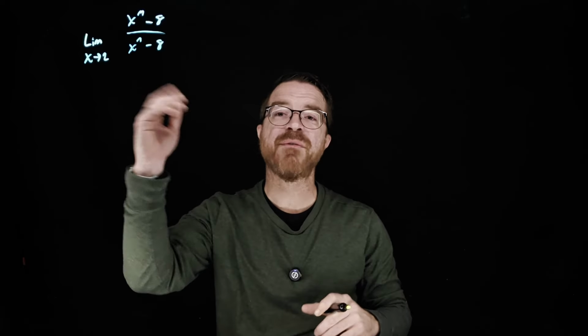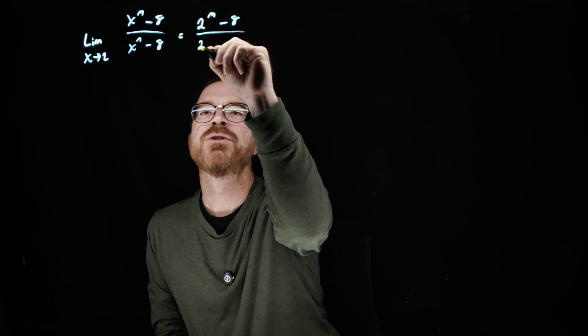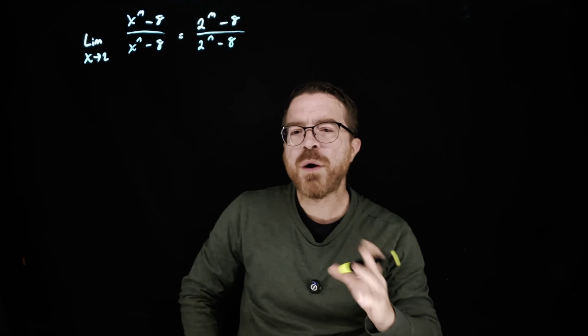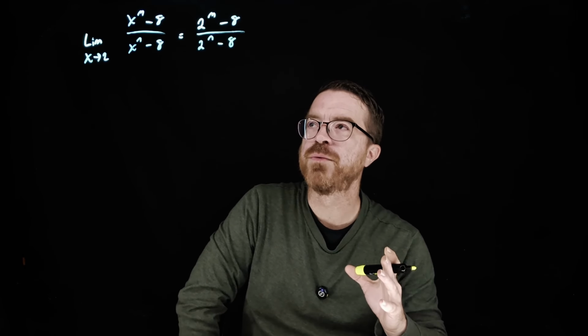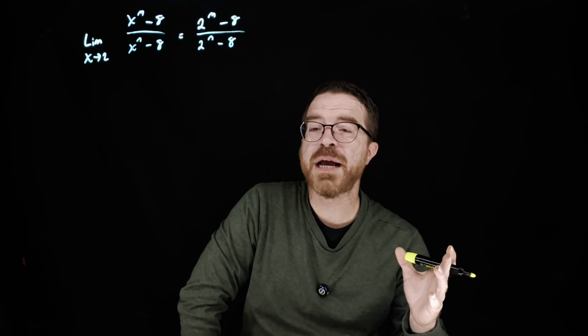We're going to get 2 to the m minus 8 over 2 to the n minus 8. So what would cause this to not work out? Well, if we somehow got the top and the bottom, the 2 to the m and 2 to the n, were equal to 8, this would cause this to become indeterminate.